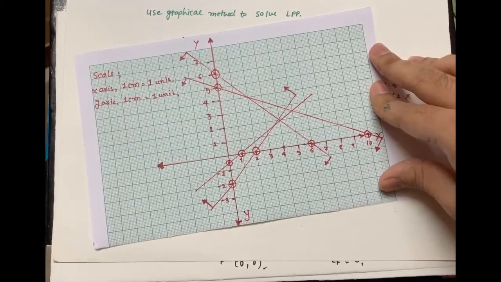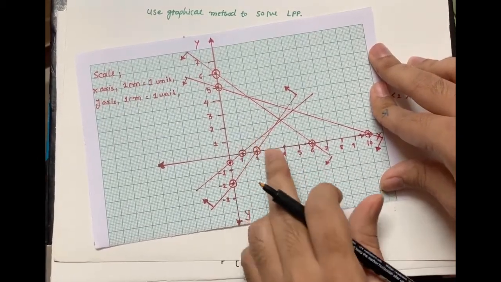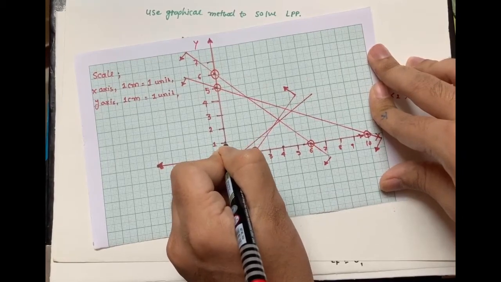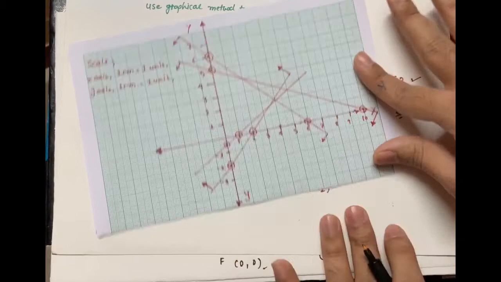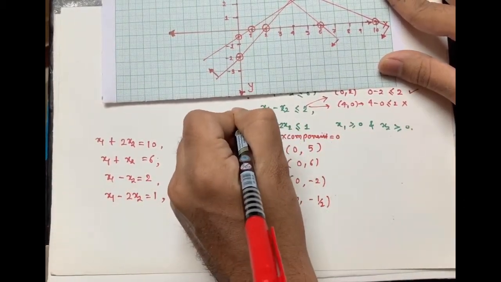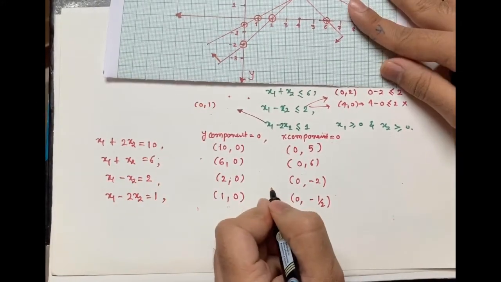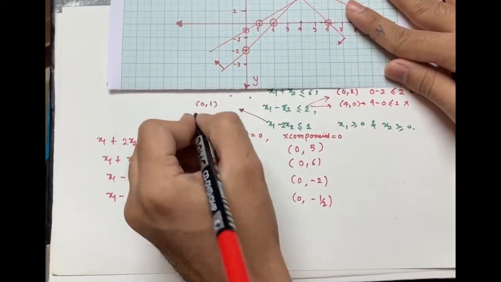Likewise, what I did in the previous one, I can do again here. I can bifurcate into two compartments, and if I randomly take this point, maybe 0, 1, it is above this line. So if I put 0, 1 in this equation, the point is here. And for a second point, maybe I consider 3, 0.